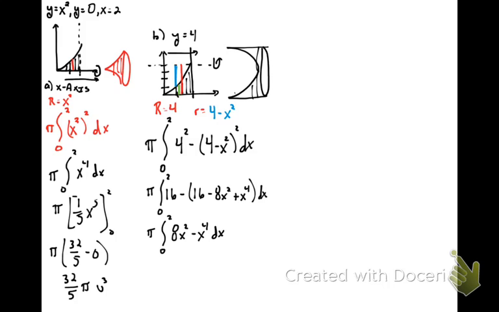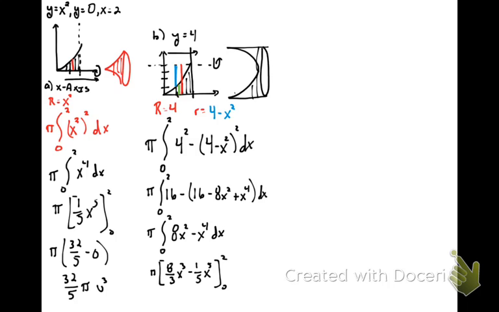And integrating, we would end up with pi times 8/3 x cubed minus 1/5 x to the 5th, from 0 to 2.